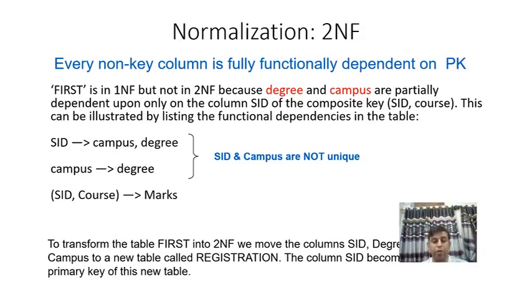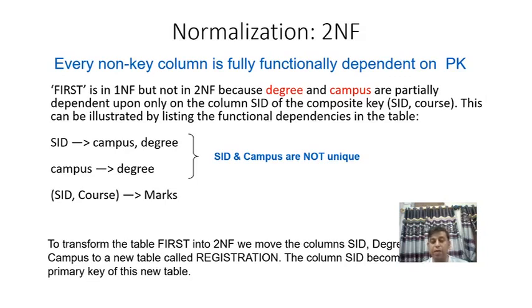In the third row, SID comma course. Collectively SID and course are a composite key and serve as the primary key. This determines marks. Only the non-key attribute marks is fully functionally dependent on the composite key SID and course.